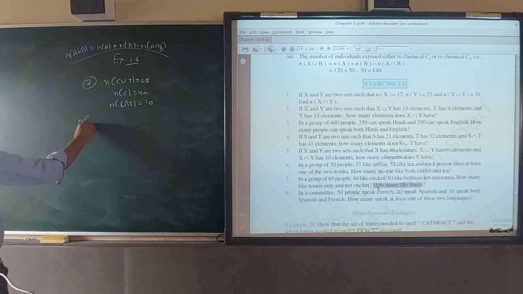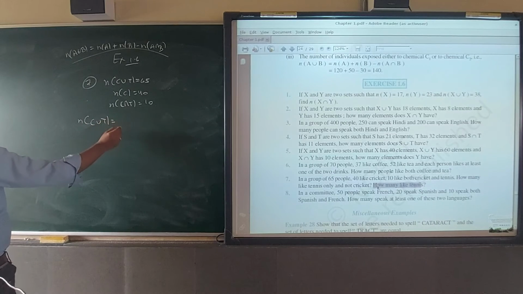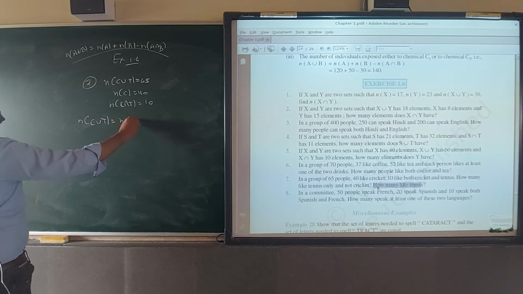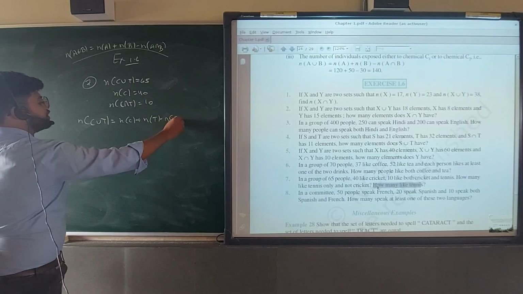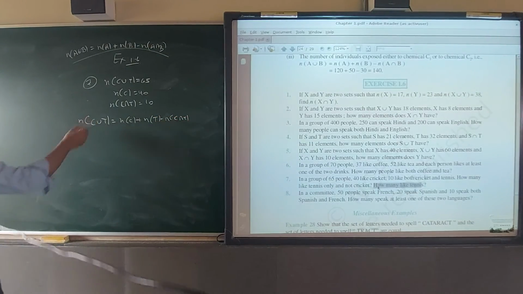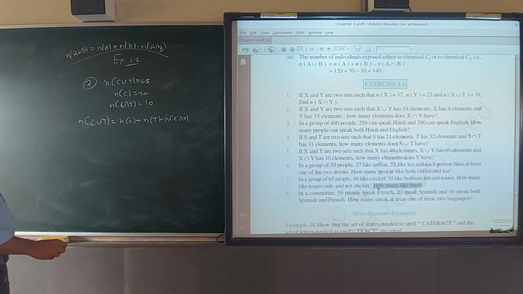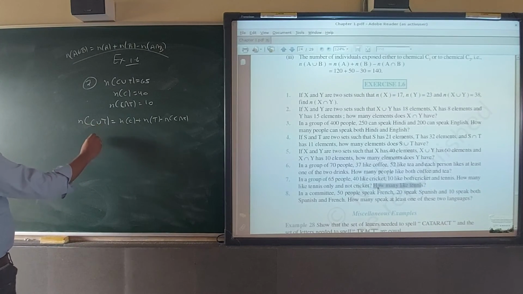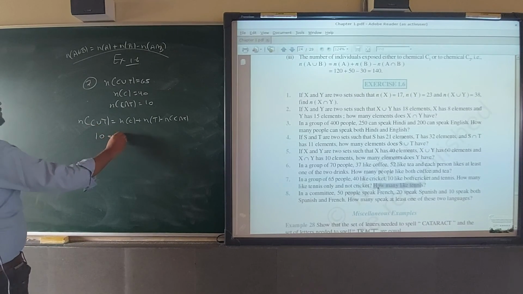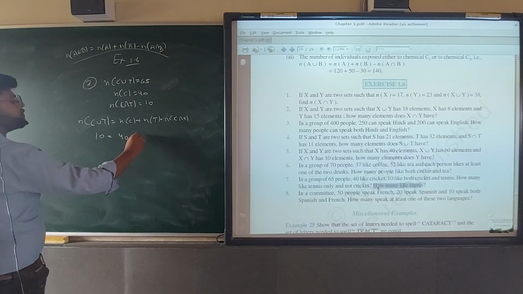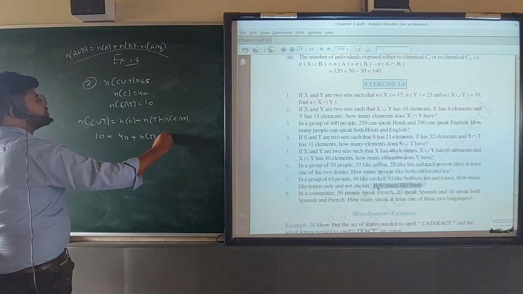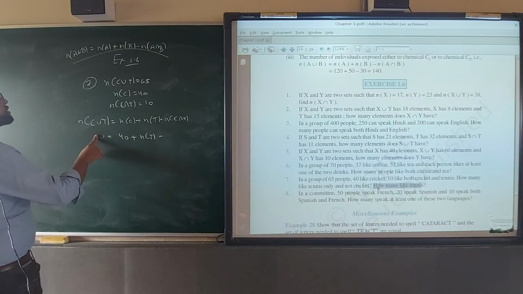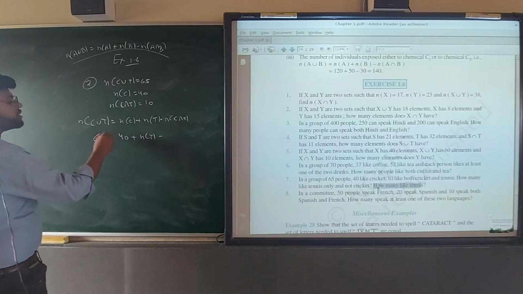Now apply the formula n(C union T). It will be n(C) plus n(T) minus n(C intersection T). n will be the number of things. Now C union T is what? 65. n(C) is 40. n(T) is, we have to find, number of tennis, minus intersection is 10. Intersection, union is given 65. This will be 10.